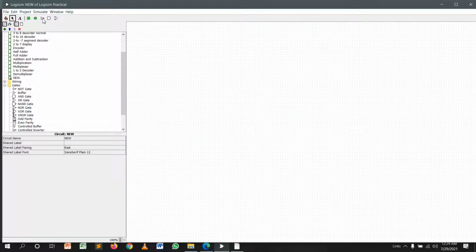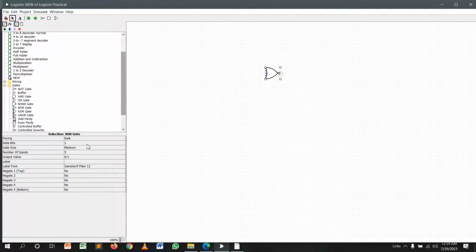And I'll create two NOT gates. I need two NOT gates, one to output.